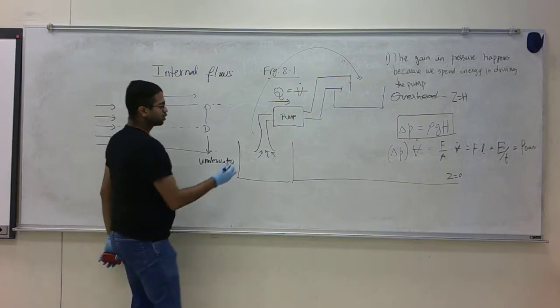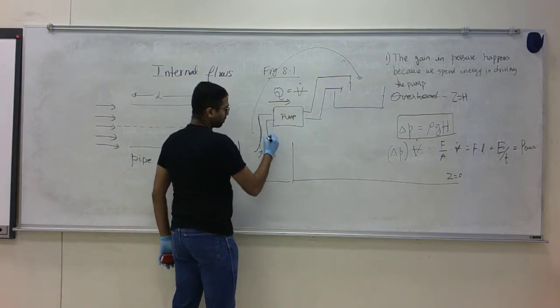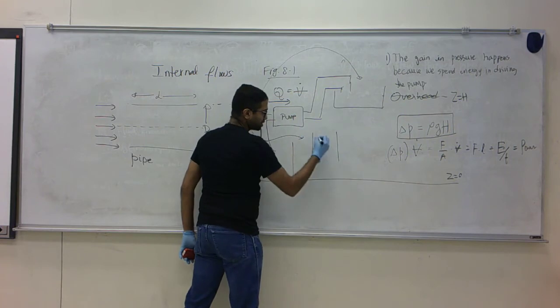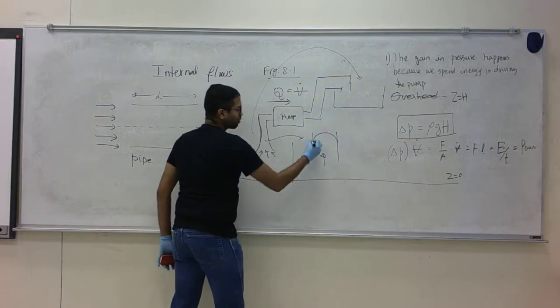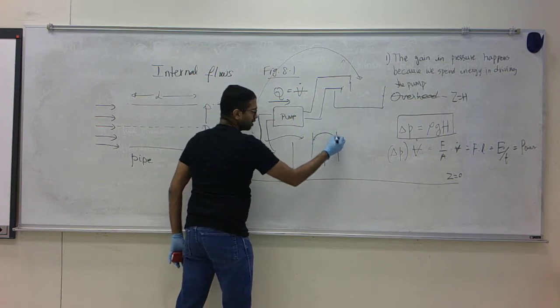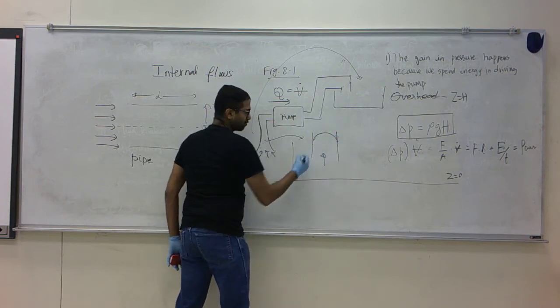As it flows through the pipe, I'll just draw what happens inside the pipe. As the water flows through the pipe, there are forces between the walls of the pipe and the fluid.